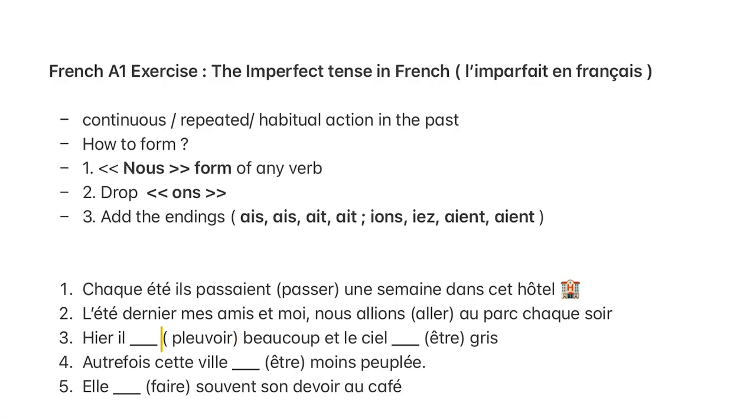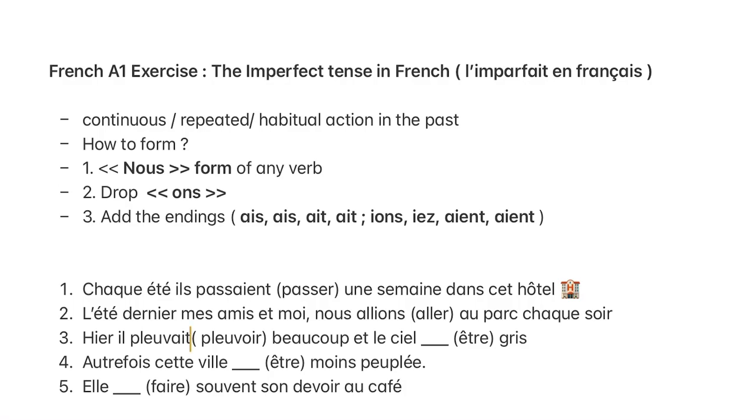So we need to conjugate the verb pleuvoir using the imperfect tense. So our answer here is pleuvait. Hier, il pleuvait beaucoup et le ciel.